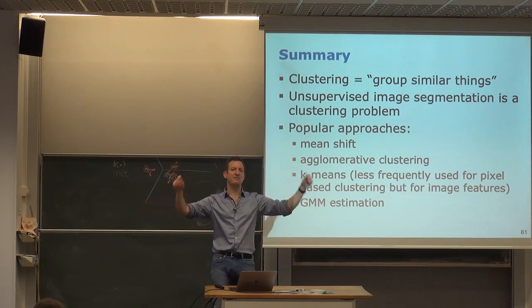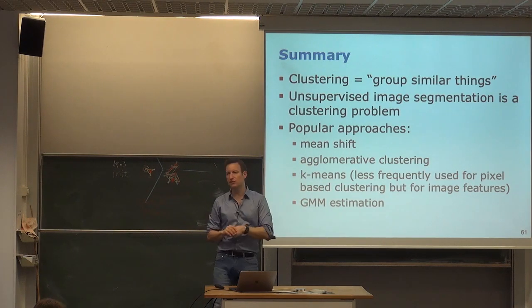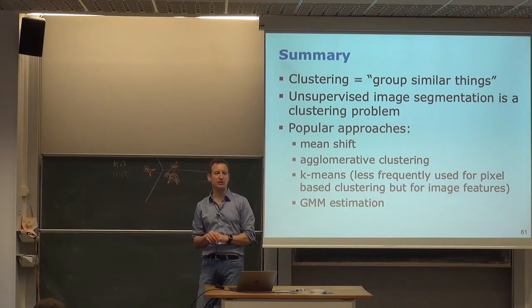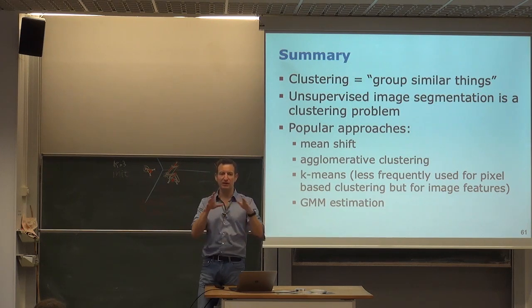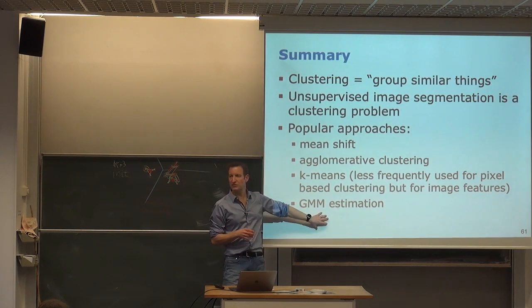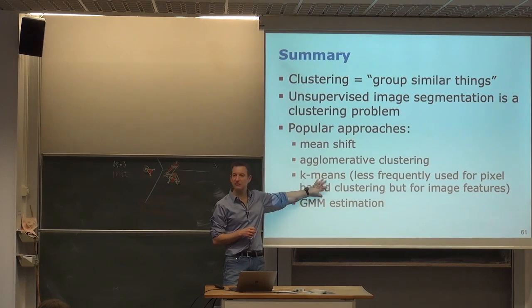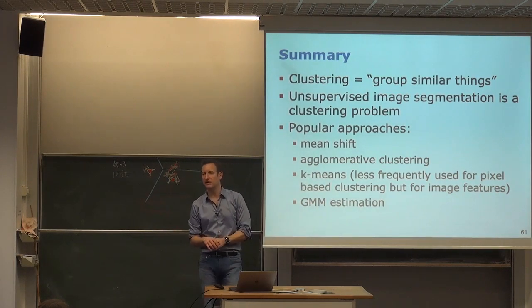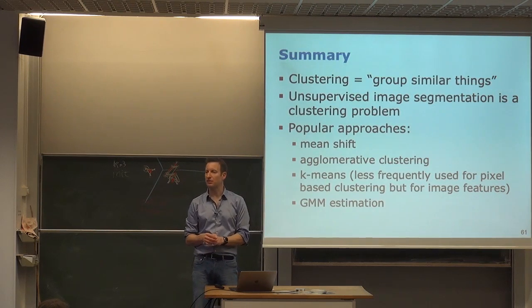If you take that a step further, you can use this to estimate Gaussian mixture models, so sums of Gaussians, if you take a Gaussian kernel or a Gaussian distance function into account. If you generalize this more, it leads you to the expectation maximization, or EM, algorithm. Therefore, k-means can be seen as a special case of the expectation maximization algorithm.